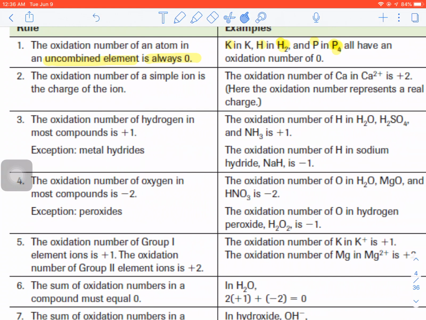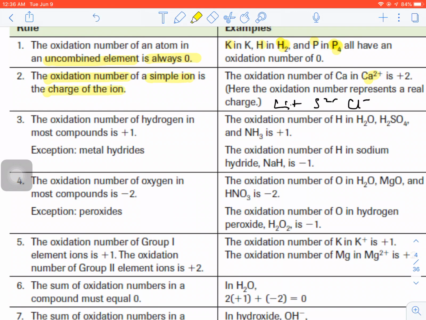So if I look at an ion, the ion could be a calcium ion, it could be a lithium ion, it could be a sulfide ion, it could be a chloride ion. It could be any type of ion. The oxidation number for any simple ion is its ionic charge.